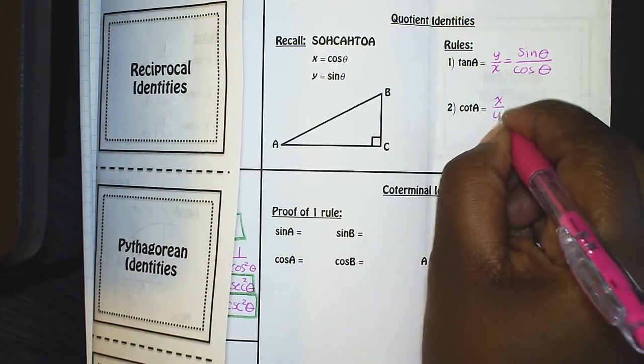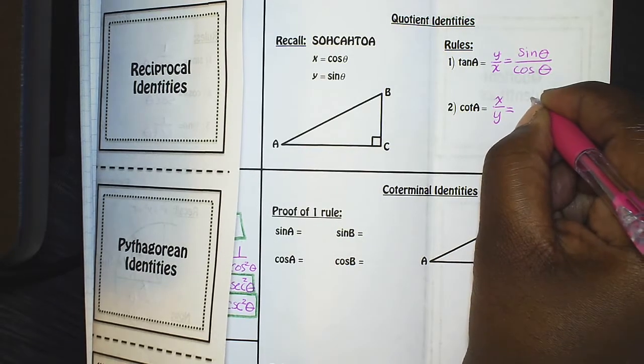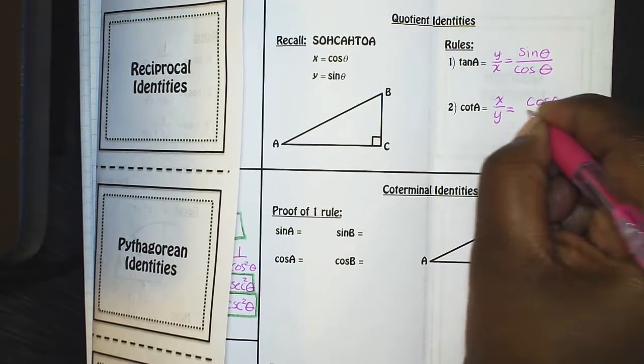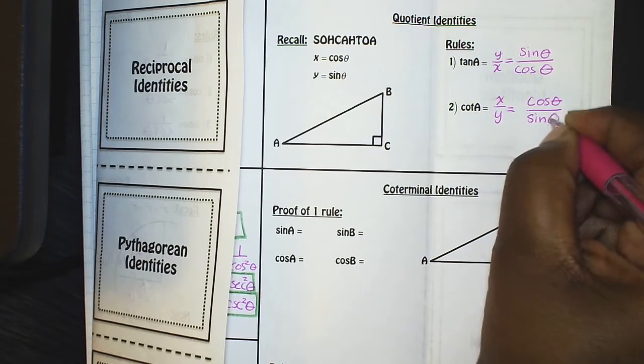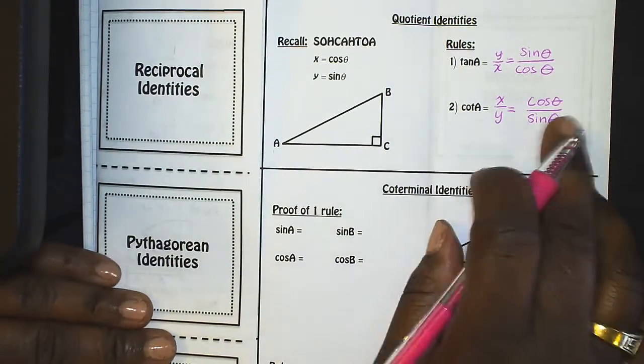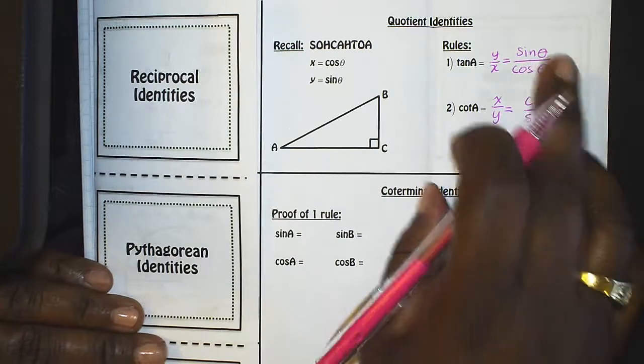Cotangent will be the inverse of that. That's x over y, so that would be cosine theta over sine theta. So what are you saying? Well, I got cotangent is cosine over sine. I got tangent is sine over cosine.